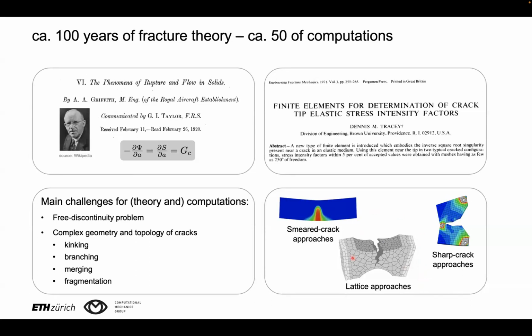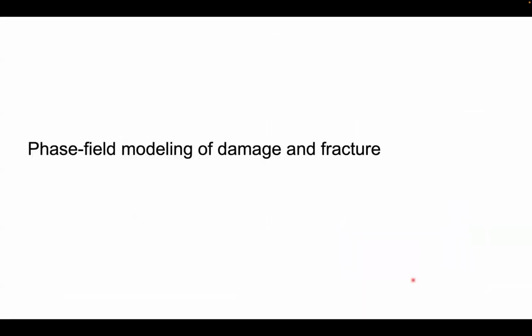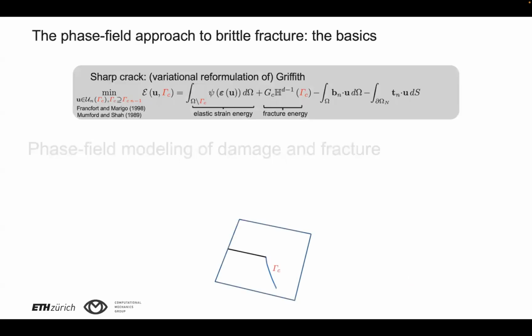And in this context, I'll try to place the approach that I'm going to talk about today, which is no exception. It will also be shown to have some weaknesses, but I believe that the list of the strengths is way more significant. And the approach that I'm going to talk about, as I mentioned, is the so-called phase field modeling approach for damage and fracture.